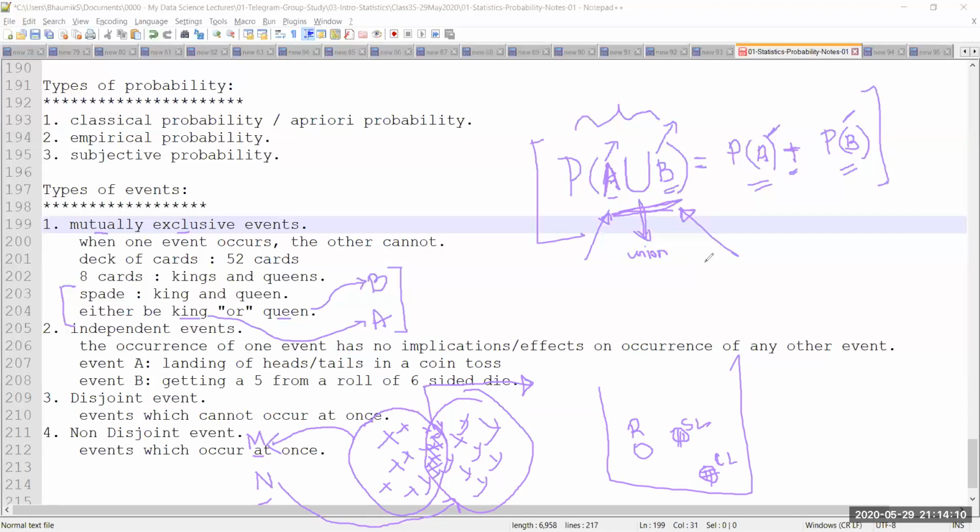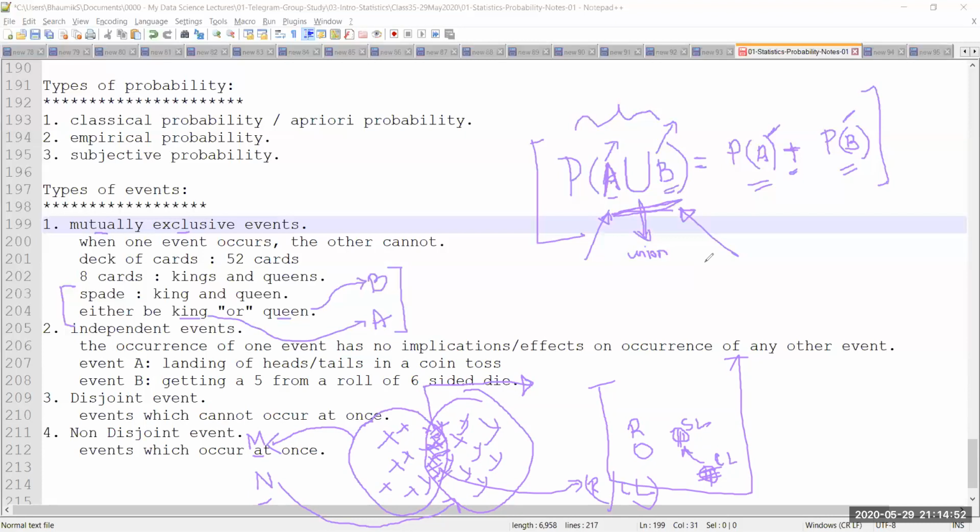What is the probability, or in this case, this hashed out area can be a case where I have randomly picked up a ball from this bag, and that ball is not only R or red, but it is also having a CL. Now, as you can see, if it is having a CL, it is already having an SL, because these straight lines are already there in CL as well. The straight line is already part of the CL type of ball. So this is going to be the space where this is overlapping.